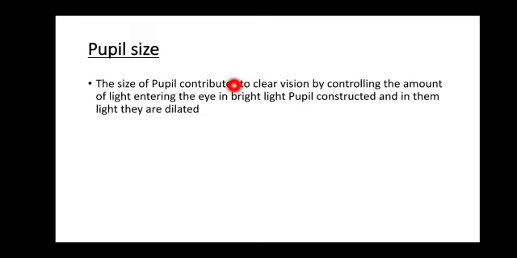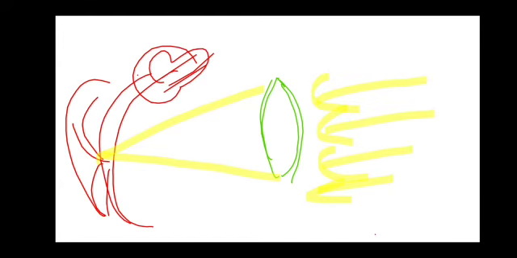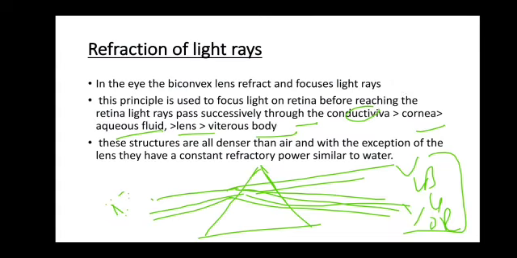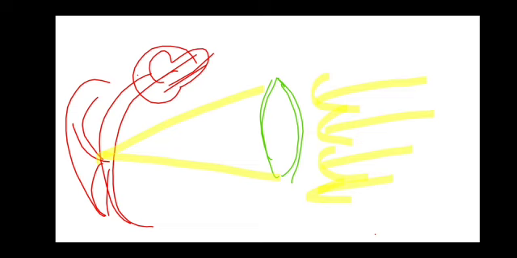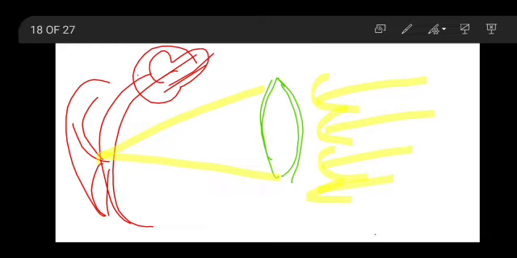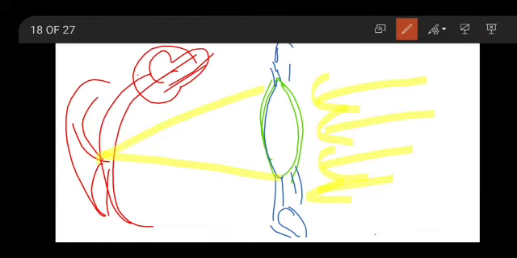Next, one more thing I want to add here, that is the size of the lens. So here I will tell you about the lens. This is the lens, and what is this? If you have been listening from the start, you can give the answer. This is the suspensory ligament. There are ciliary bodies. There is the iris.